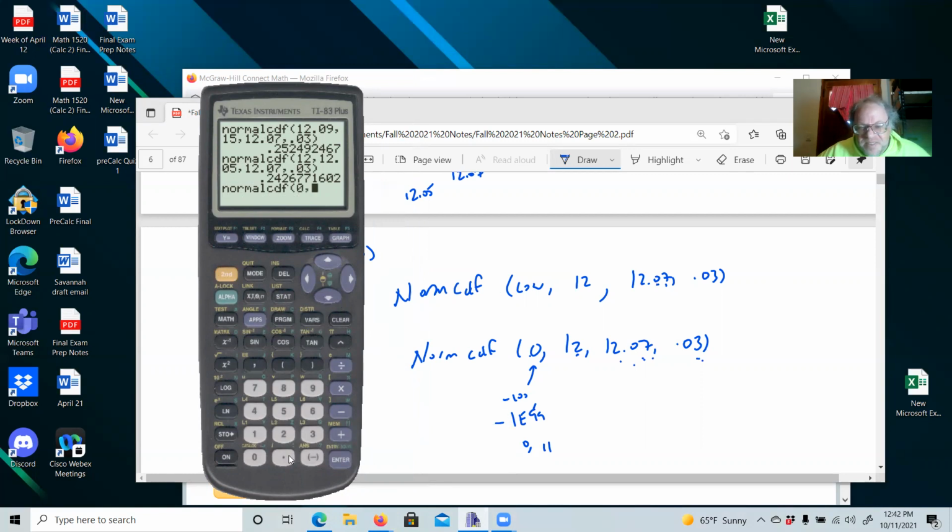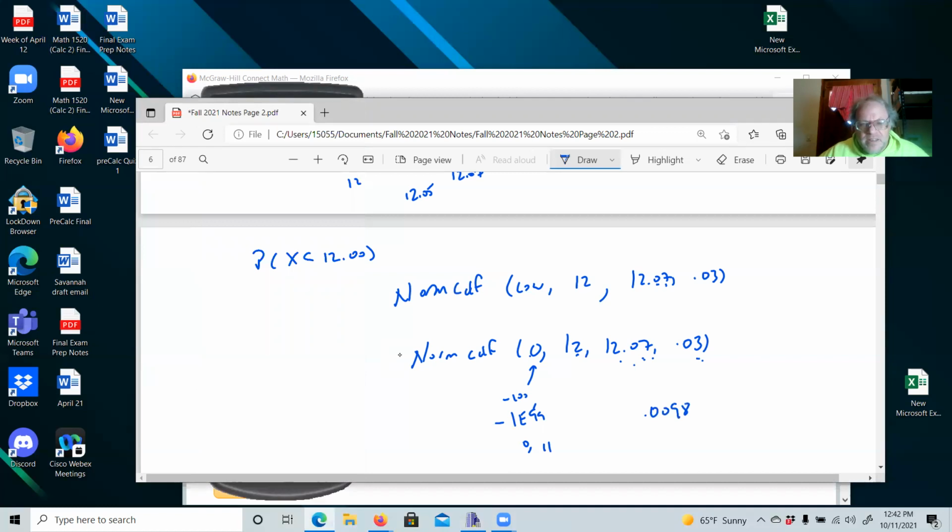Okay, we have 0, we have 12. Our average is 12.07. Our standard deviation is 0.03. So we went from 0 to 12. That's underfilled. Our answer is 0.0098.